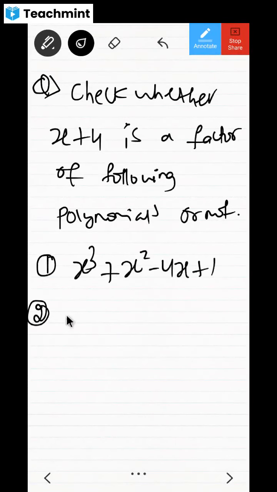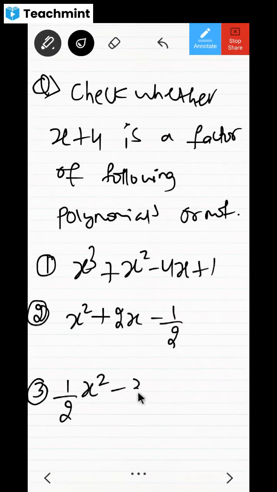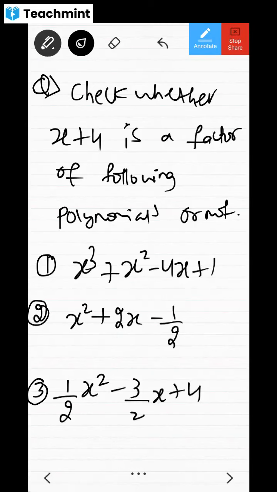Second one is x square plus 2x minus 1 by 2. And third one, 1 by 2 x square minus 3 by 2 x plus 4. Check whether x plus 4 is a factor of the following polynomials or not. You have to check whether that is a factor of the following polynomials or not.